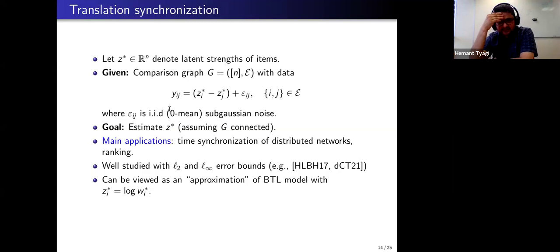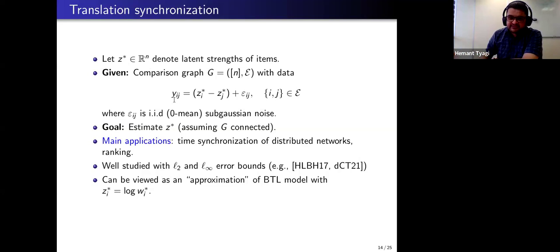And this brings me to the second part, which is translation synchronization. So now assume that you have a latent strength vector, which I will denote by Z star now, and it can take negative values as well. And we have a comparison graph, just a single comparison graph.